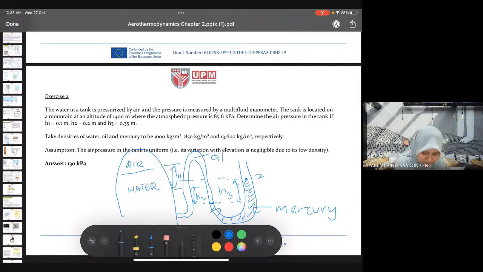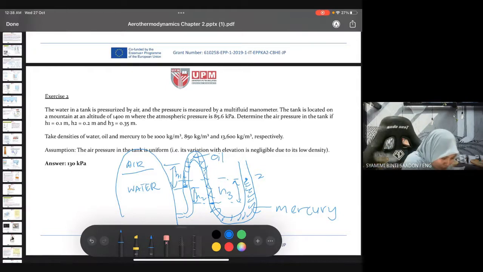This one from here is oil. This is oil from H1 until the level of H2, H3 here. Maybe it's better if I use colors, different colors. So this is oil.